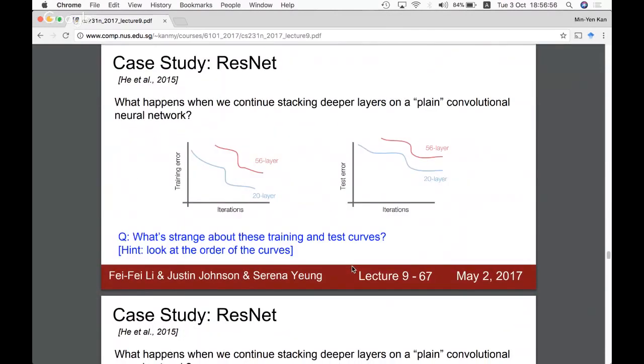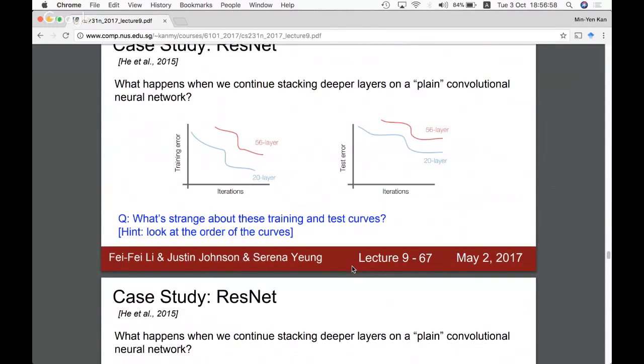We can see here they have two models, one is around 56 layers and one is 20 layers. Even in testing, the 20 layer is still performing better than the 56 layer. But when we look back at the training, something happened here, because we understand that the deeper it is, the more overfitting.